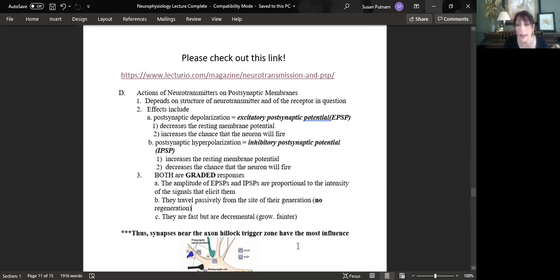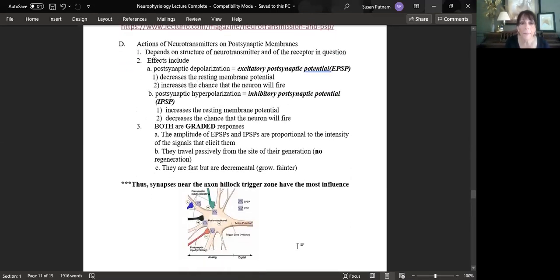And herein lies one of the really important facts: synapses near the axon hillock, right here, are actually going to have a bigger effect, the most influence, we should say.